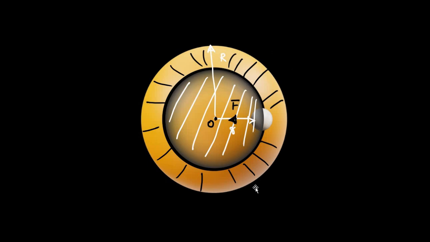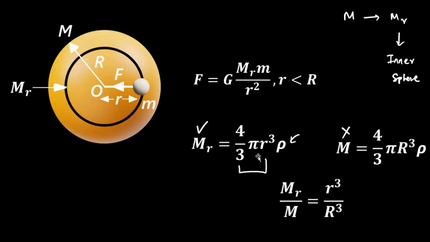The gravitational force exerted by that portion is 0. Only this inner white portion exerts gravitational force, and that's why the mass of that portion only is considered. The volume of this inner sphere is 4 by 3 pi r cube. When we multiply it with the density of the sphere, as it is uniform, we get the mass of the inner sphere, and only that mass is used here.